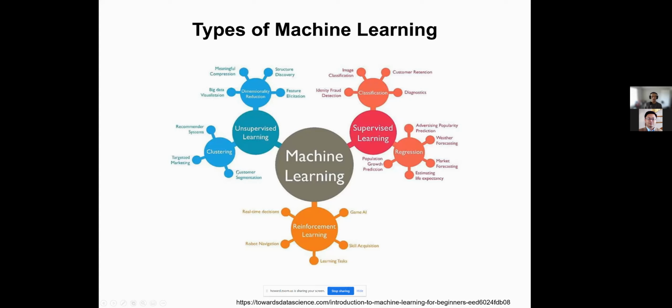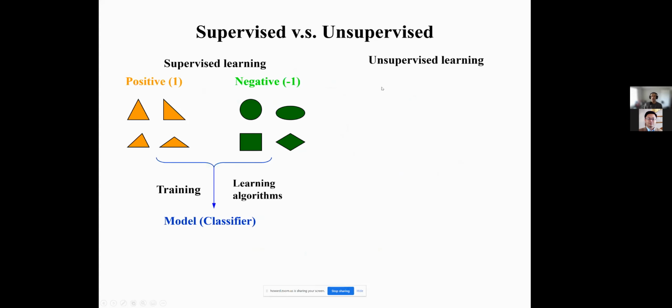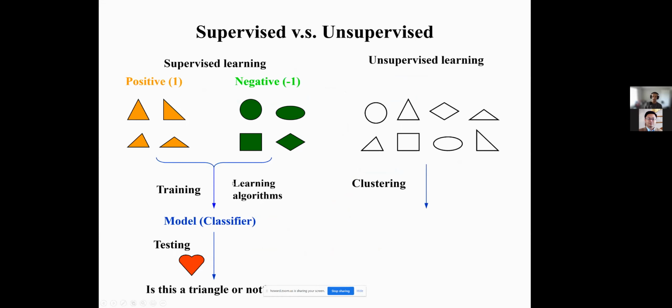So knowing that unsupervised learning is clustering, supervised learning is classification, we're going to look here. So here's a good example. You have a training algorithm here, supervised learning. So you have what things are, and this can classify them, right? Basically, you have the learning model, and you want to find all the triangles.